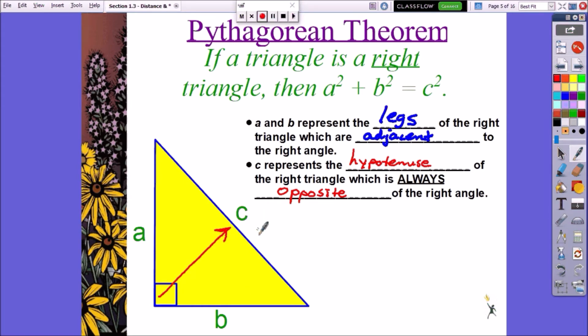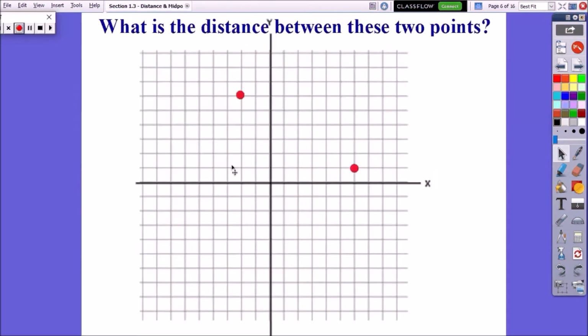There is my hypotenuse. So this side must always be the hypotenuse. The C side is the hypotenuse. The A and the B are the legs. It doesn't matter which leg is A and which leg is B. But C must be the hypotenuse. Okay, so there's our quick, hopefully, review of the Pythagorean theorem.